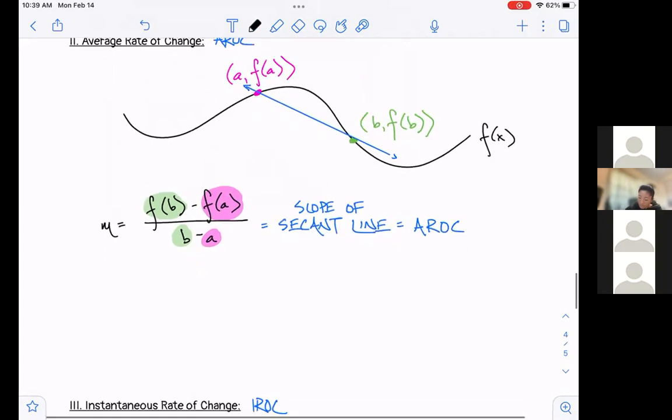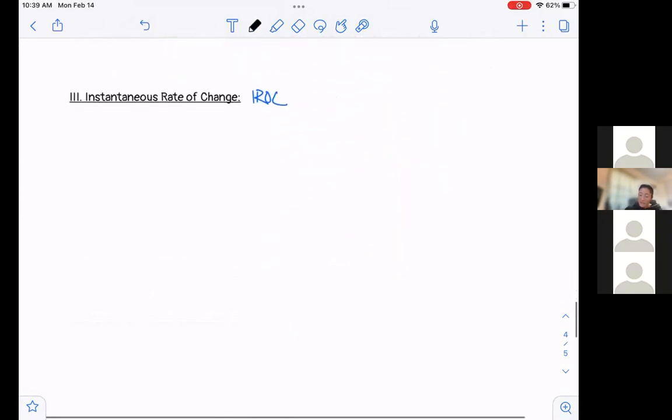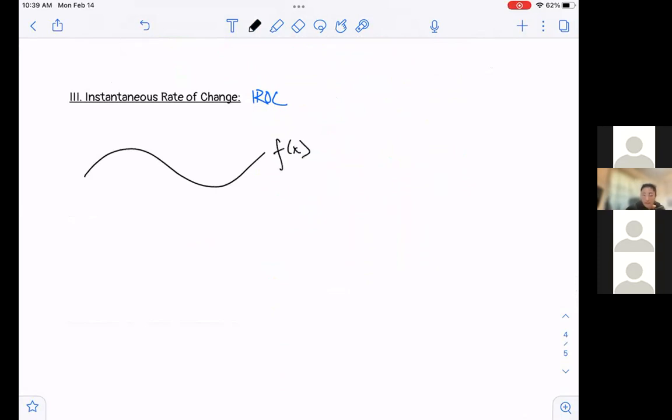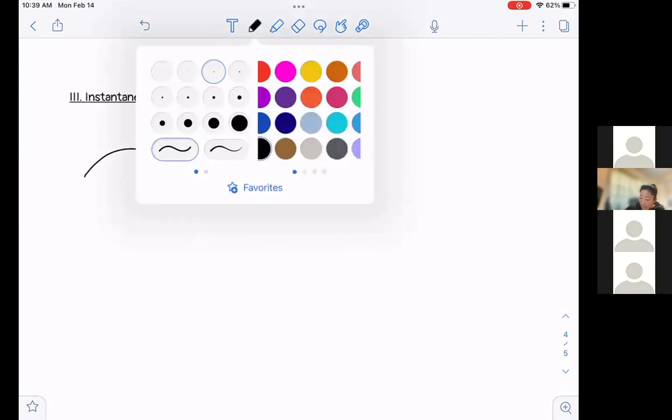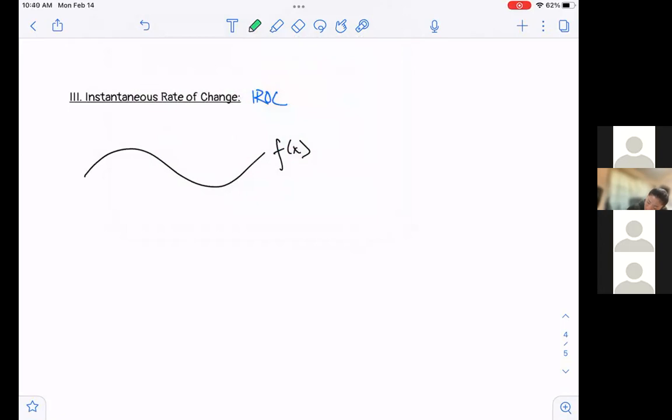But what is this instantaneous rate of change? So let's say, again, we have some function, and we'll call this f of x. And I was like, hey, here's a point, just 1 point. I'd like you to find the slope at that point.